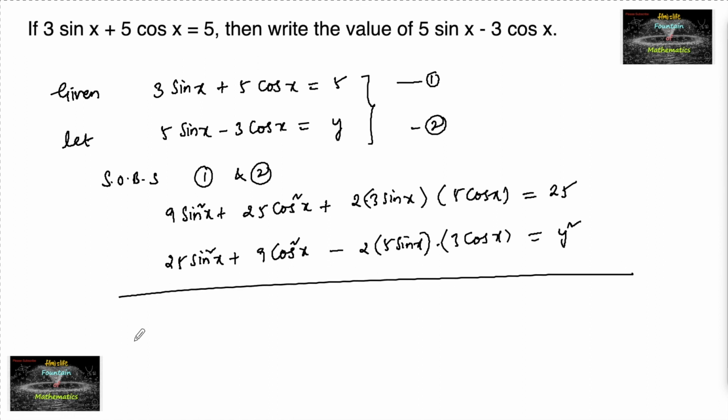Then adding these two equations, 25 plus 9 comes to 34 times sin square x, and here 34 times cos square x, and 2 3s are 6, 5s are 30 times sin x cos x, and here also 2 5s are 10, 10 3s are 30 times sin x cos x. Both get cancelled, which equals 25 plus y square.